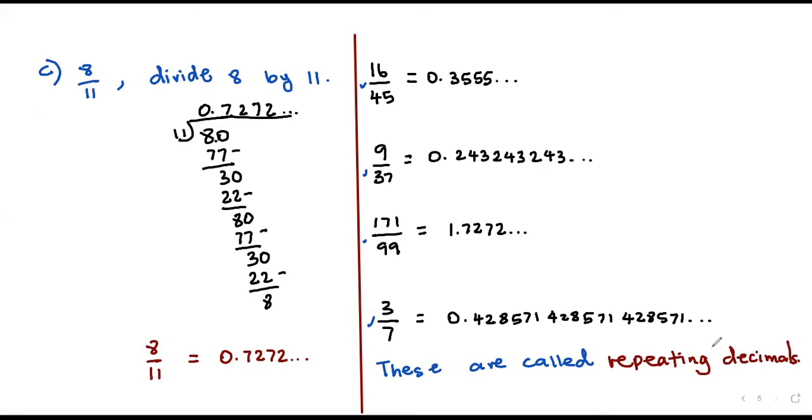Remember, the other ones were called zero repeating decimals, but these ones are just called repeating decimals.